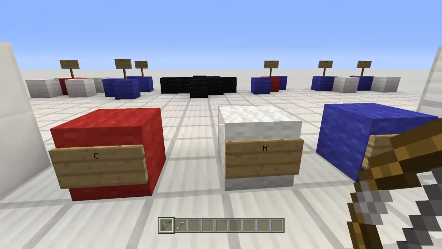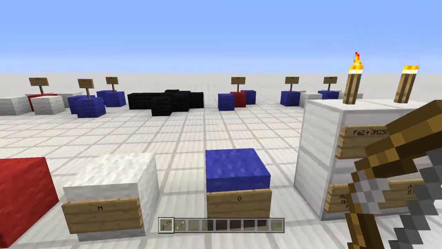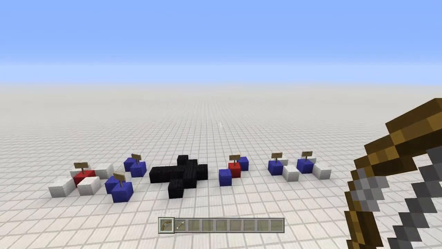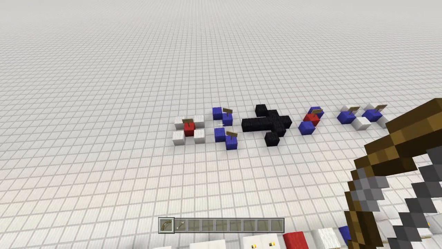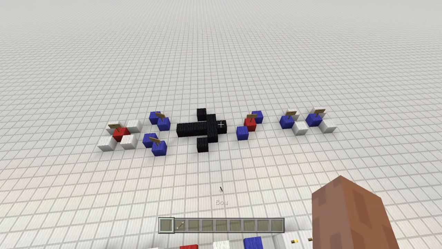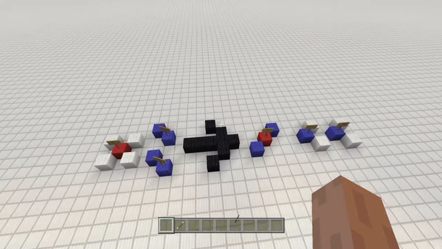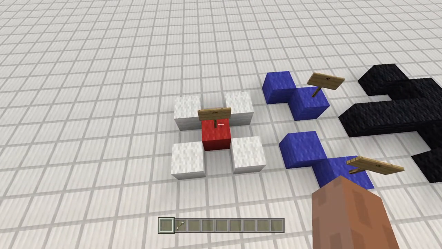C equals red, H is white, and O is blue. Now, on one side over here, we have our reactants, and over here we have our products. Now, as I said before, C is red.